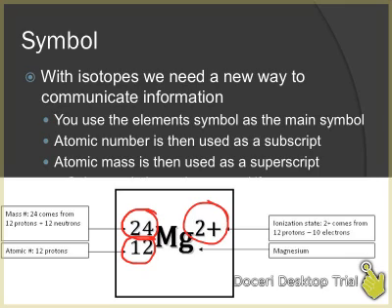Now, if you look in your book, he puts the mass in the top right as a superscript. Yes, he does. That's wrong. But if we were to put the mass number there, we would have no place to put the charge.